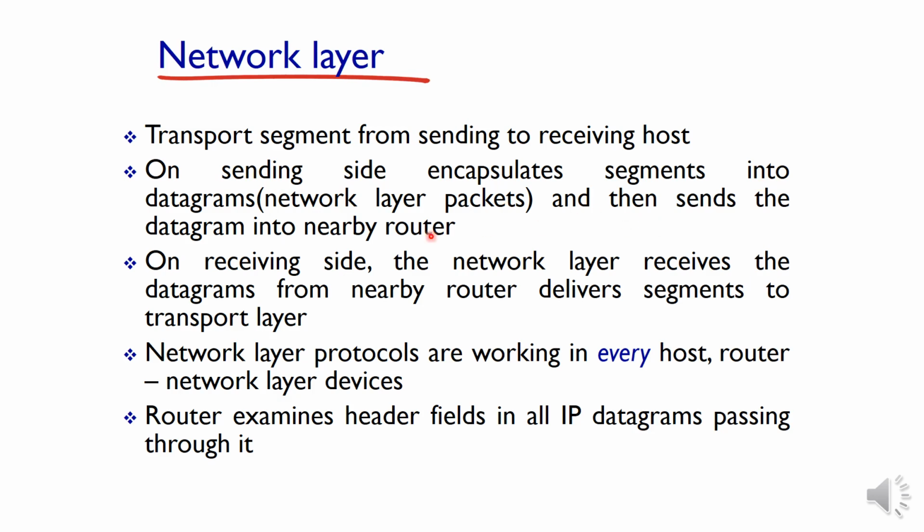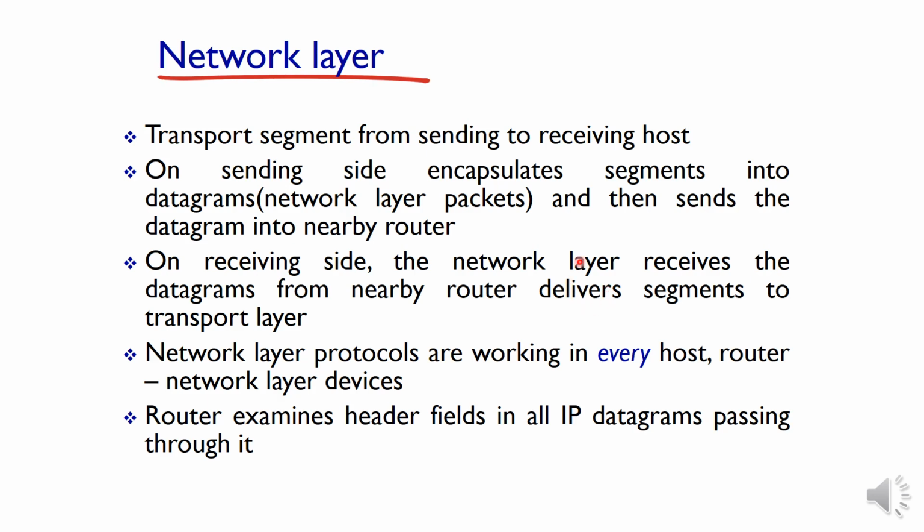Then it sends these datagrams to the nearby routers, because the network layer is associated with hardware devices like routers, switches, hubs, etc. The main and important activities of the network layer are performed at the routers. On the receiving side, the network layer receives the datagrams from the nearby router and delivers the segments to the transport layer.